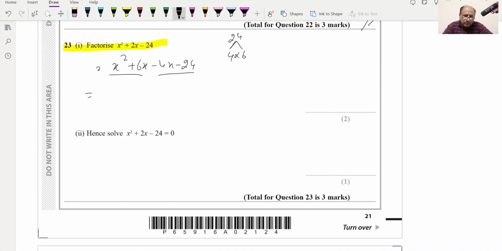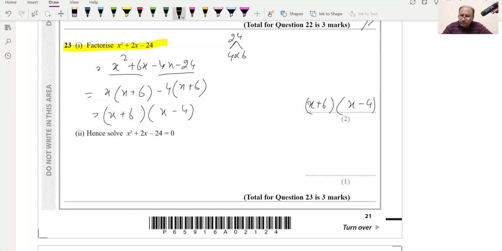From this pair and this one, x we can take common, so x plus 6, and minus 4 we can take common, and inside will be x plus 6, and this will be equal to x plus 6 into x minus 4. So this will be the final answer, x plus 6 and x minus 4.